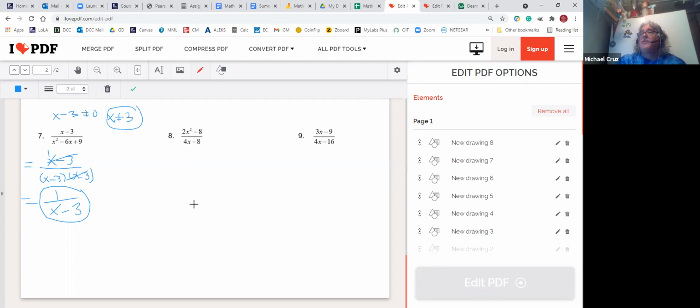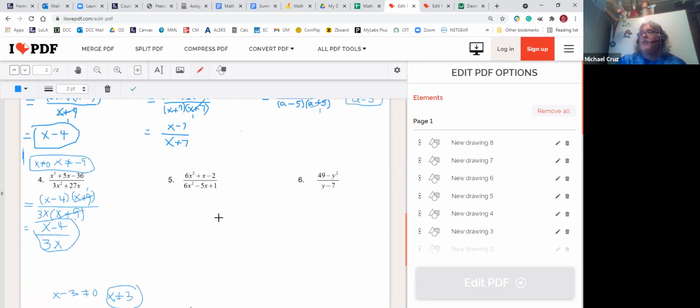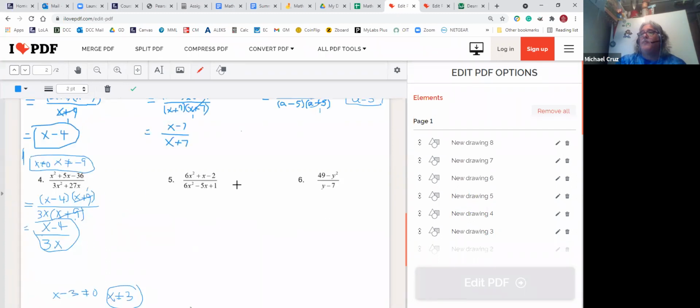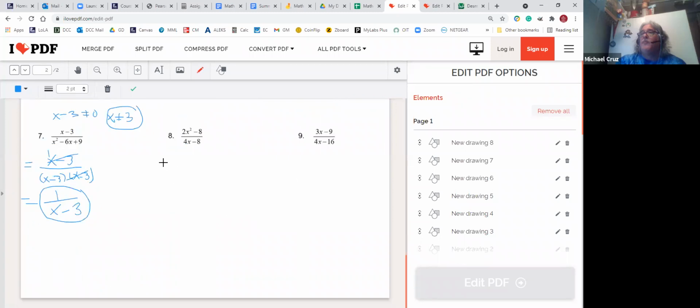All right, now these actually are easier to factor in my opinion. I don't know why they didn't put 7, 8, and 9 in the second row, because these were the hardest ones. All right, so let's see. So we can just take that, set it equal to 0. Find out where it's, let's see, so that's 4x.